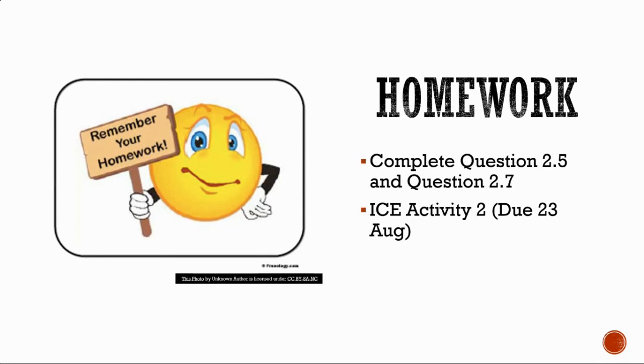Question 2.7, on the other hand, is a long question, where they do both debtors and creditors simultaneously. So that's where you can expect to see both. Then there's also ICE Activity 2 on BC Learn. It is due on the 23rd of August. And then, do you guys have any questions on what we've done today?